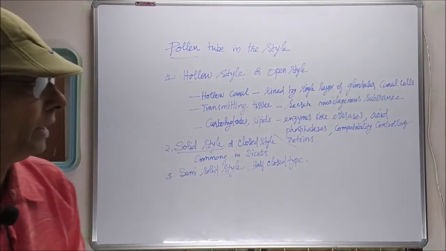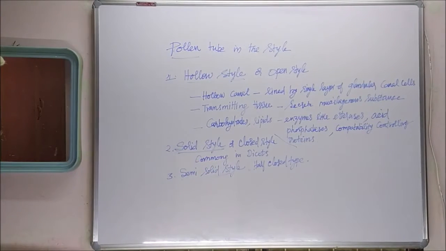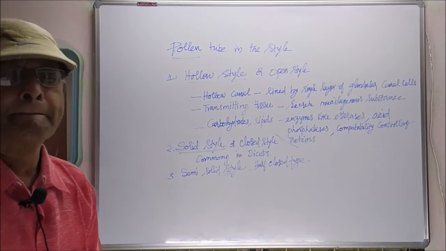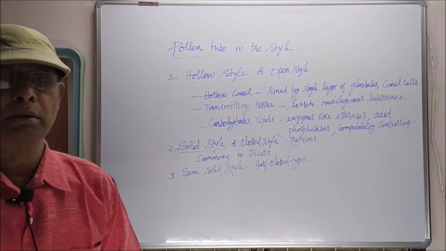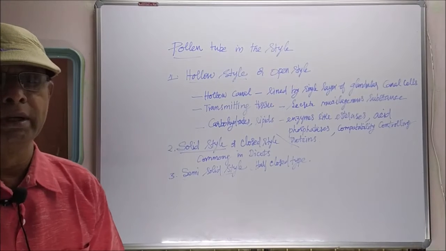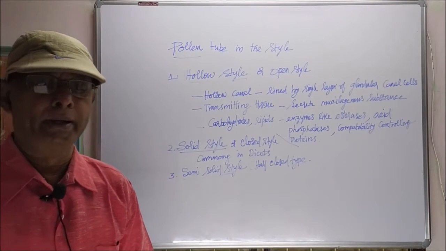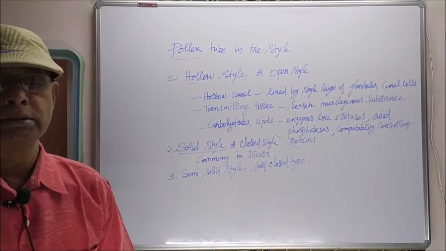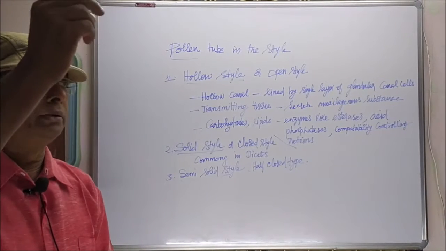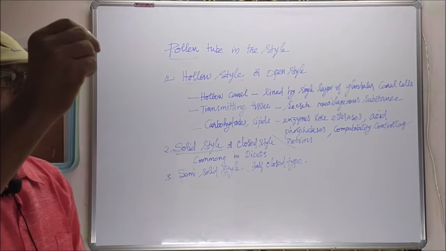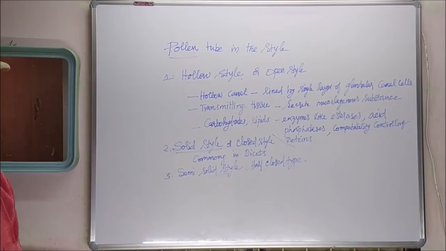Right, now we'll see about the pollen tube in the style. As soon as the pollen grain reaches the stigma, the pollen grain germinates and forms a pollen tube. And the pollen tube grows through the style.